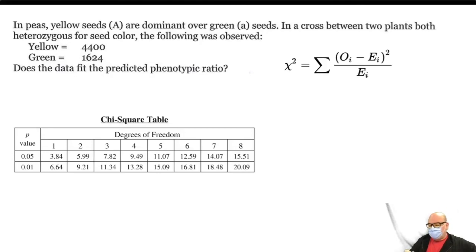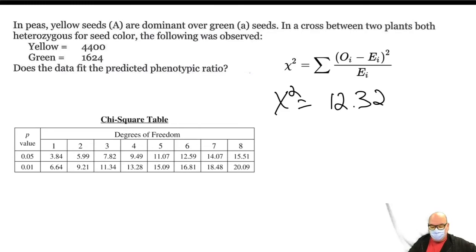Okay, so let's look at our results from that math we did in the table. We have a chi-square value of 12.32. Now we have to calculate our degrees of freedom.